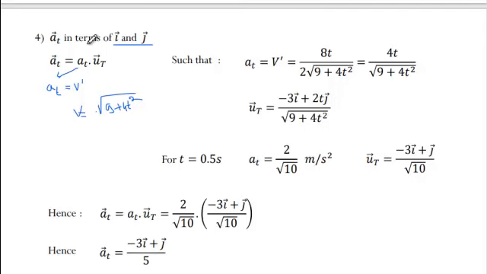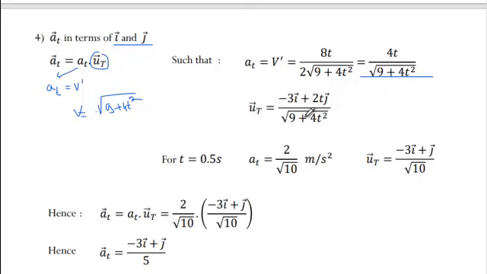But the question is to find the vector AT in terms of I and J. So I go back and do a substitution. We have UT in terms of I and J from the previous question, and we have the value AT here. So we just substitute, at the given time, t equals 0.5 second. So we substitute 0.5 second in the value here and in the vector UT.